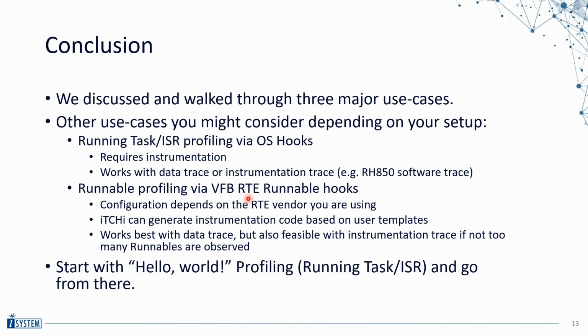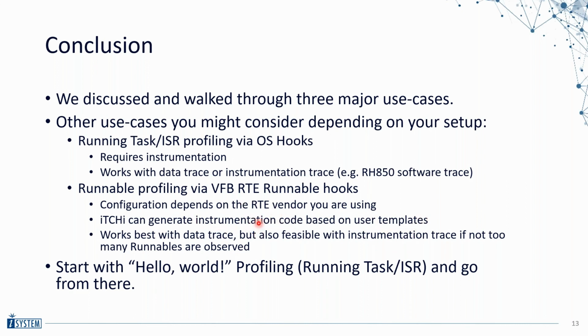We can add a little bit of instrumentation to that hook that writes into a global variable, and then we simply data trace that global variable. That generates much less load than a program flow trace, and that would also enable you to record runnable information without program flow trace. And the good thing about that use case is iTCHi can help you generate this instrumentation automatically, even based on user templates. So it's actually not a lot of work to set this use case up.